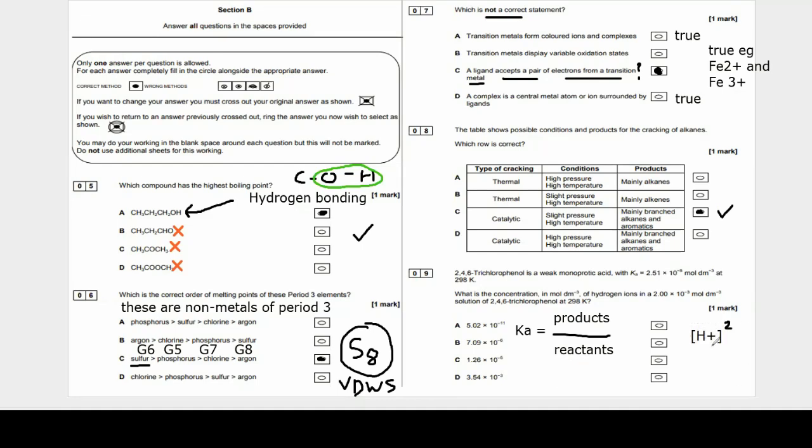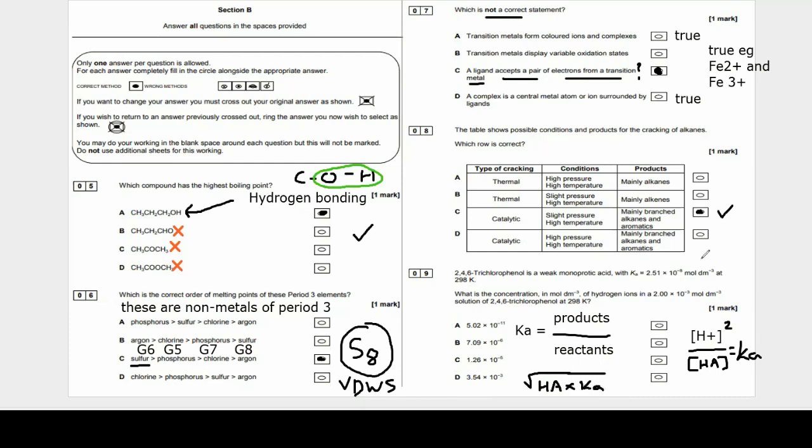However, we know that A- and H+ are equal, so we do H+ squared over HA, which is the reactant, the acid that's dissociating, equals Ka. So they have given us the hydrogen ion concentration. Oh no, they want the concentration of hydrogen ions.